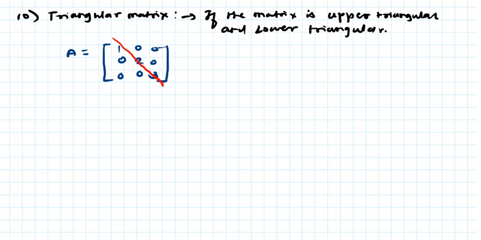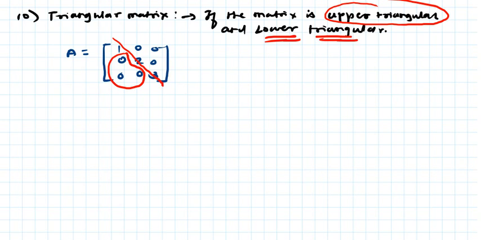So this matrix is an upper triangular matrix because all the entries below the diagonal are 0, and also it is a lower triangular matrix because all the entries above the diagonal are 0. So it is upper triangular as well as lower triangular. That is why it is a triangular matrix. The triangular matrix is also the diagonal matrix.